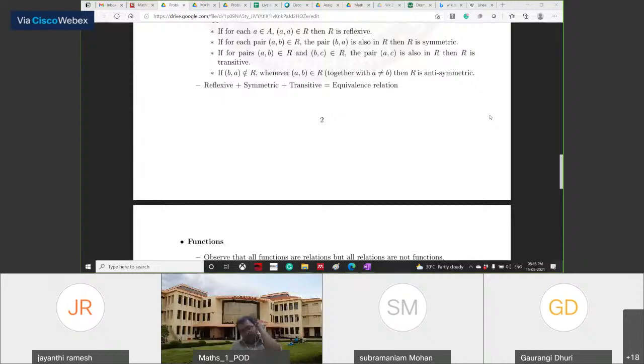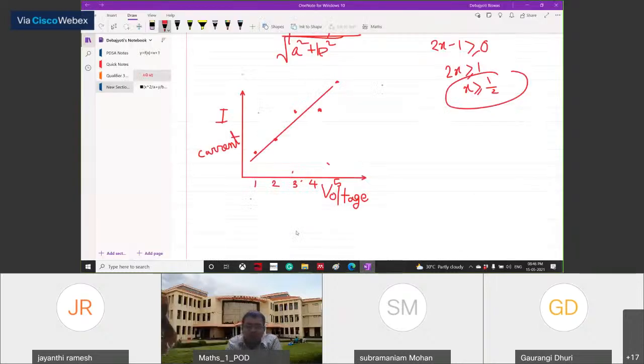They gave the Cartesian product A cross A, and we got the set as 1 1, 1 2, 2 1. So 1 and 1 is related to each other, A and B. That is 1 1. And 1 2. Again 1 2.